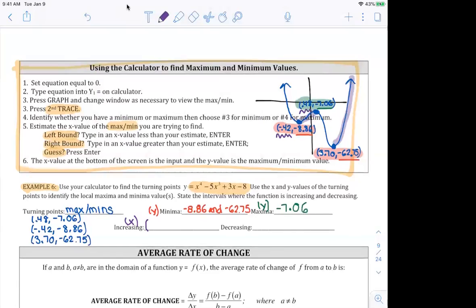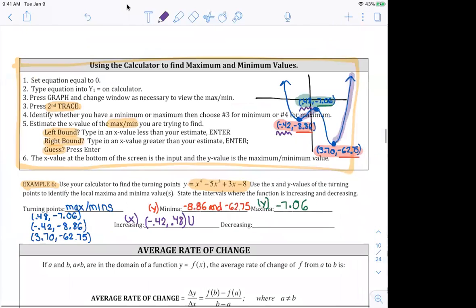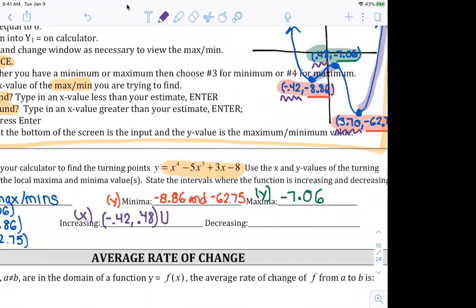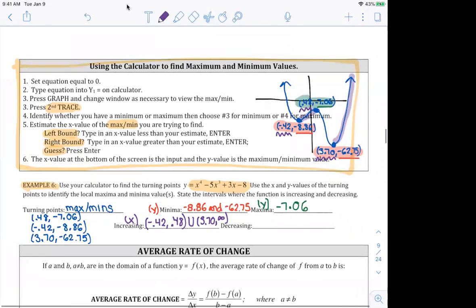That's one interval from the X's. From negative 0.42 it starts and it goes until positive 0.48. Union, because there's another interval, and that goes from 3.70 until infinity because of the arrow. It keeps going to the right.